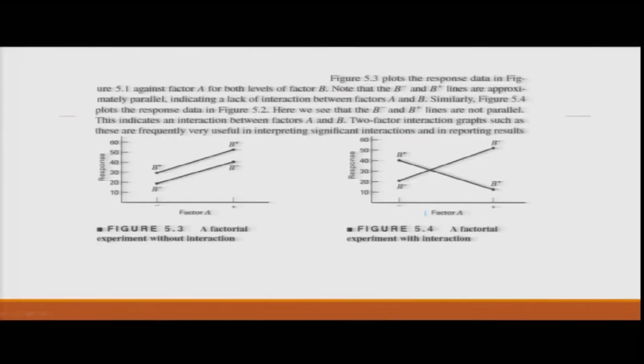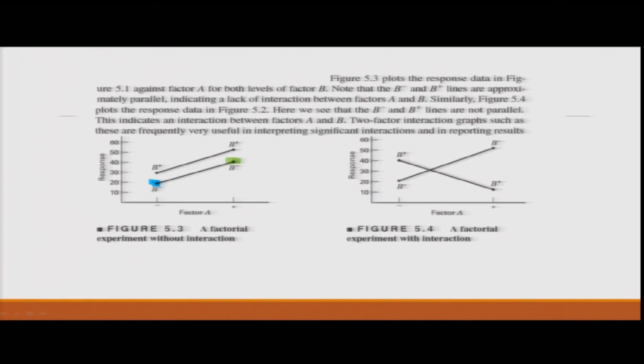Now, in figure 5.3, which is on the left hand side, where I am holding my left hand palm, that plots the response data for figure 5.1 against the factor A for both levels of factor B. For B minus, initially A had a value of minus 20, which is this blue. The A plus value would be given by, for example, 40.